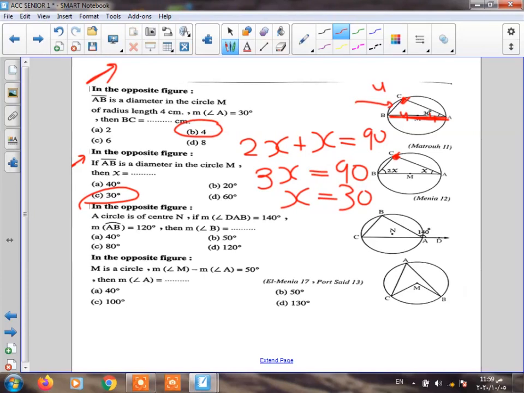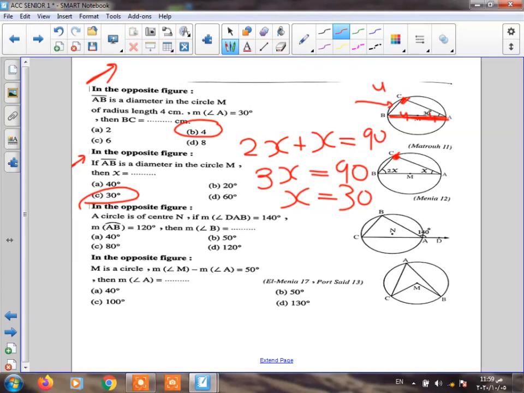What about the other one? I have a circle of center N, angle DAB equals 140 degrees, the measure of arc AB equals 120, and he asked you to find the measure of angle B. Don't be confused, CA here is not a diameter because it's not passing through the center. It's an inscribed angle, but it doesn't lie on a diameter.